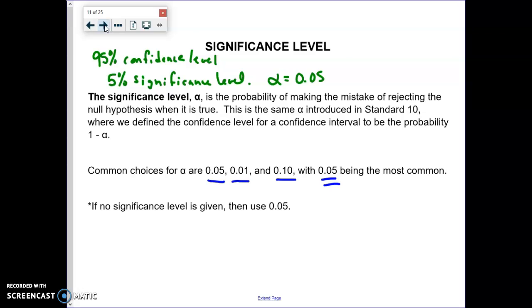You can't have a lot of those, so they may use an alpha of 0.01 or even 0.001 because they can't afford to make those mistakes. If you're just talking about an experiment where making that mistake is something you don't want to make, but it's not essential, then you may look at a 0.05 or a 0.1, okay? But again, the most commonly used is 0.05, and we'll tell you what alpha level to test at. If we don't, you just assume it's 0.05.